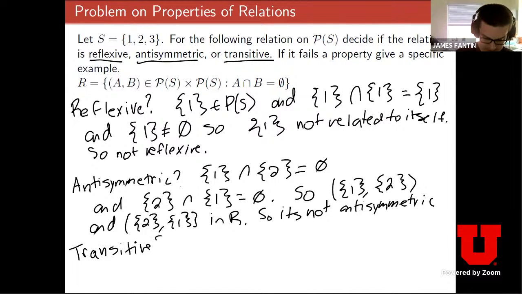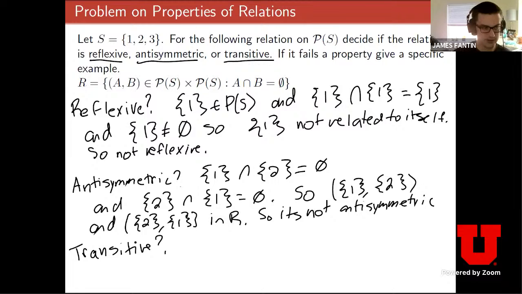If you just want to type in chat whether or not you think that this relation is a transitive relation. Okay, so we have one person saying not transitive.